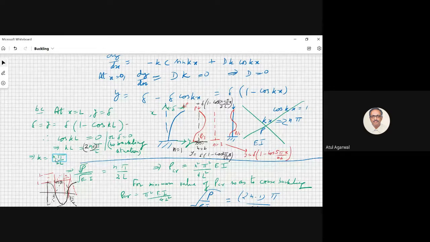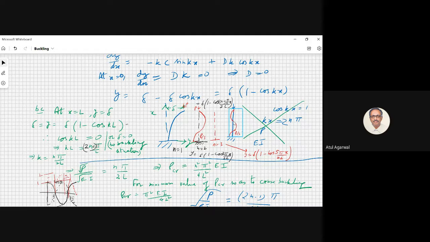When n is equal to 2, you see your bending deformation will look like this. So somewhere here you are constraining your column. If you go for n is equal to 2, you have got this situation. So I have plotted different situations. And you can achieve higher buckling load only by constraining the column.